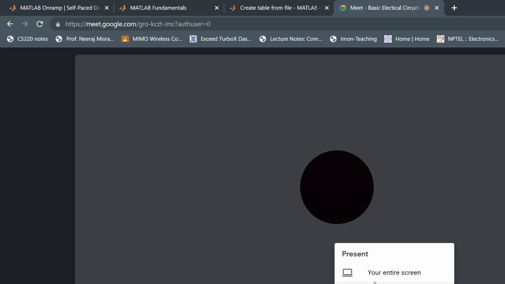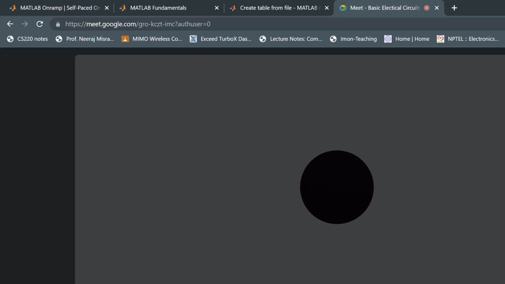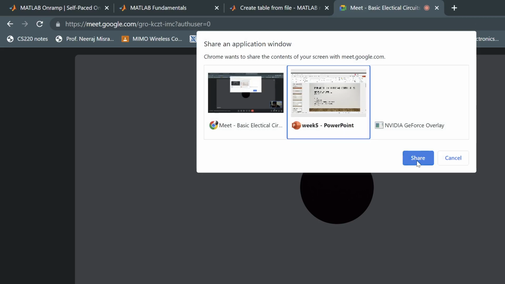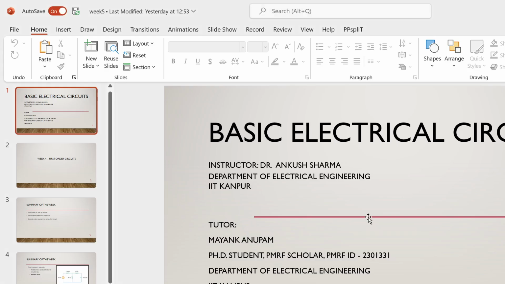Alright, so let's start. I hope my screen is visible. Can you unmute yourself and confirm whether my screen is visible?